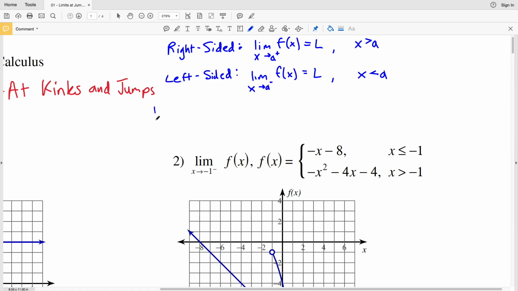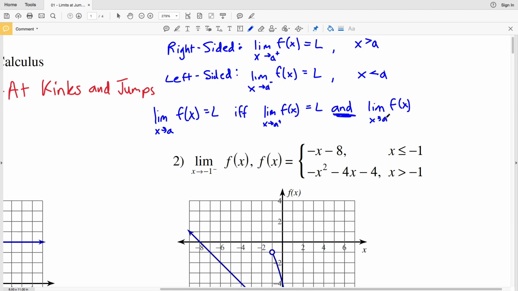And I want to note that the limit of f of x as x approaches a will equal L if and only if both the limit of f of x as x approaches a from the right equals L and the limit of f of x as x approaches a from the left equals L. Here L is some arbitrary value.